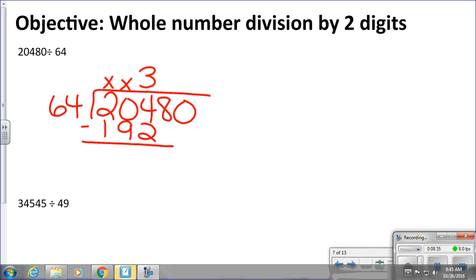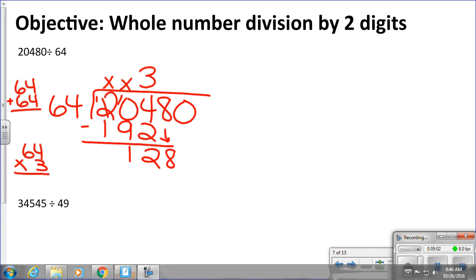Somewhere on your paper, since 64 is not a multiplication fact that we practice, you should either have your test addition, your list of addition, or your test multiplication, someplace that you have some other work. 4 minus 2 is 2. Can't take 9 from 0, you need to borrow. 10 minus 9 is 1.